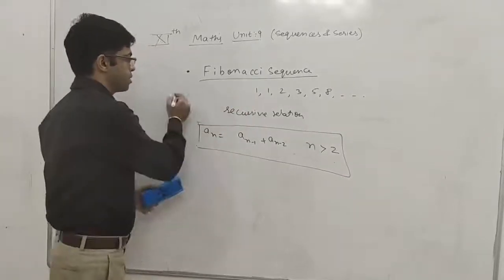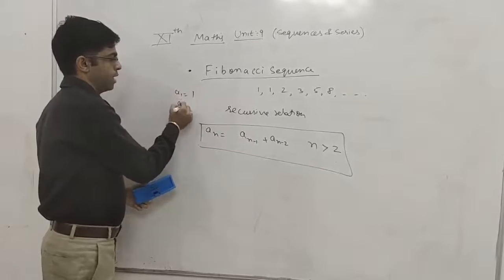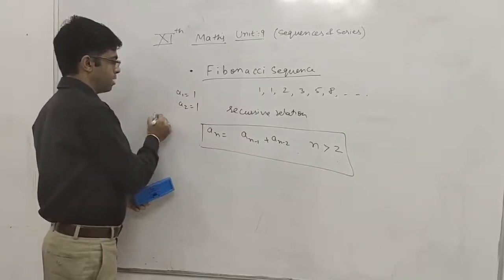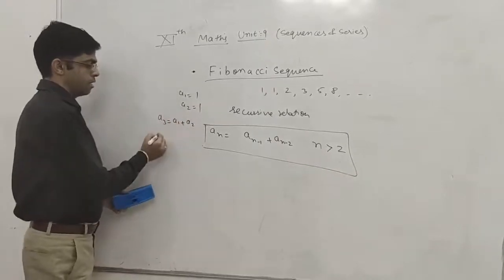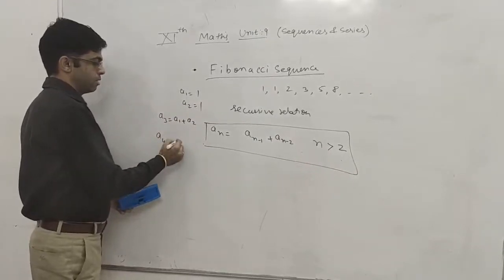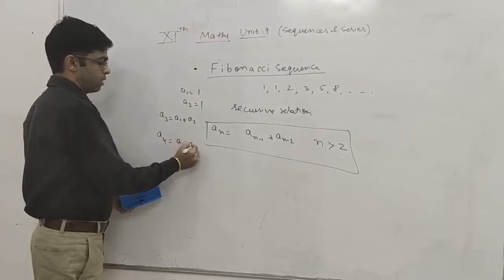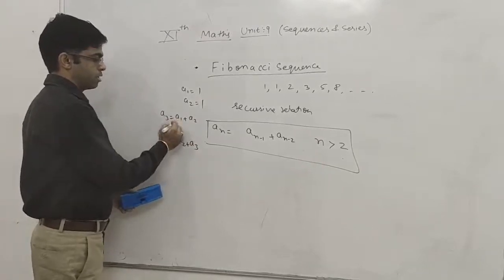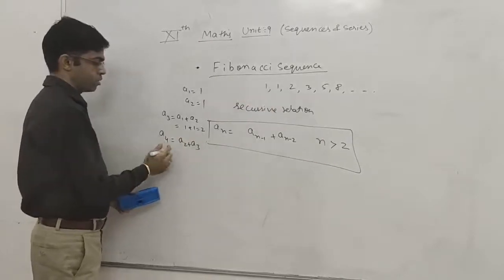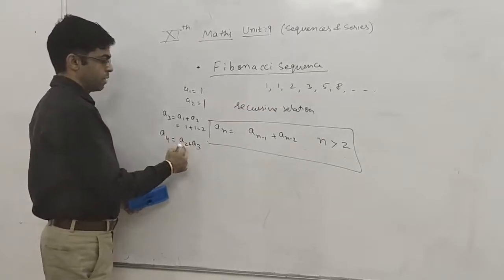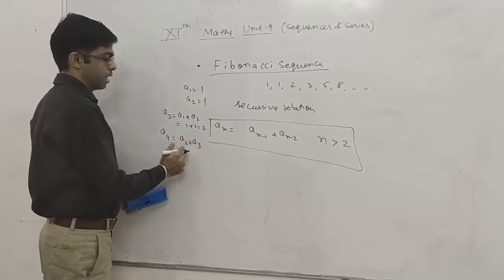How is this formed? The first term is 1, the second term is 1, and the third term is a1 plus a2, which is 1 plus 1, which is 2. Similarly, the fourth term is a2 plus a3: the third term plus the second term.